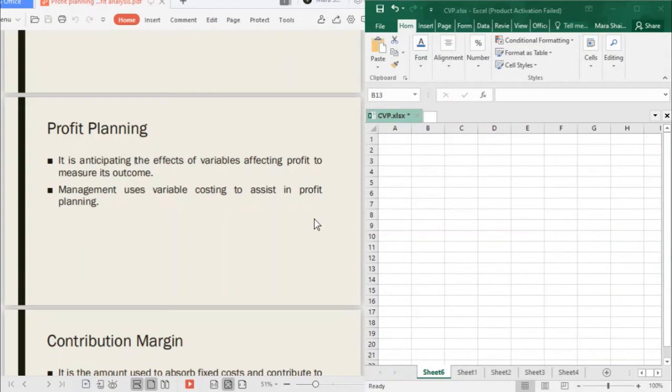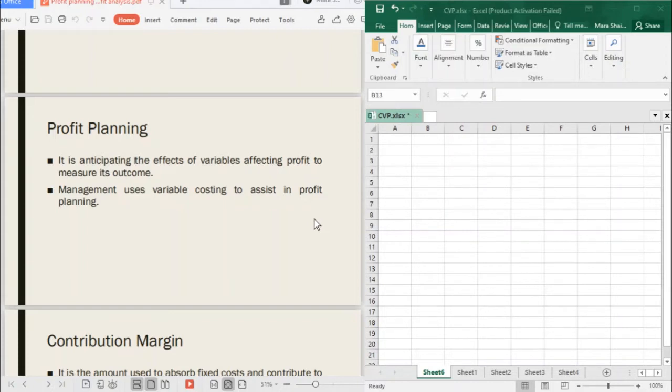As a recap, you know that your total fixed cost doesn't change regardless of the volume of units of your product. Your total fixed cost is independent of your production volume.